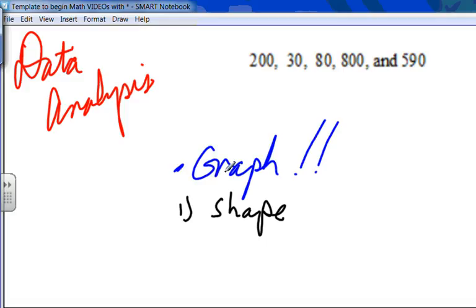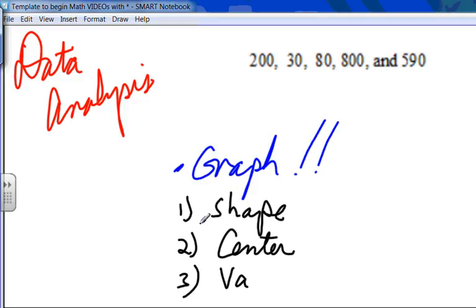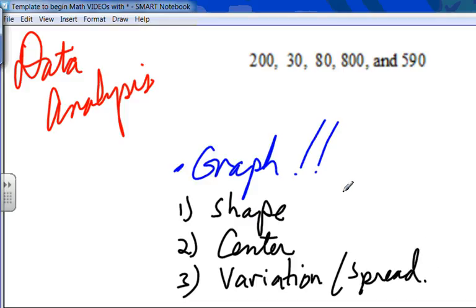Is it mound-shaped, symmetric? Are there any strong patterns or clusters or deviations from those patterns? What about the center? What are most values? What's a typical value? What's the mean? What's the median? And finally, what's the variation? How are those values spread out? And so the questions in this part of the review assignment will talk about these things.